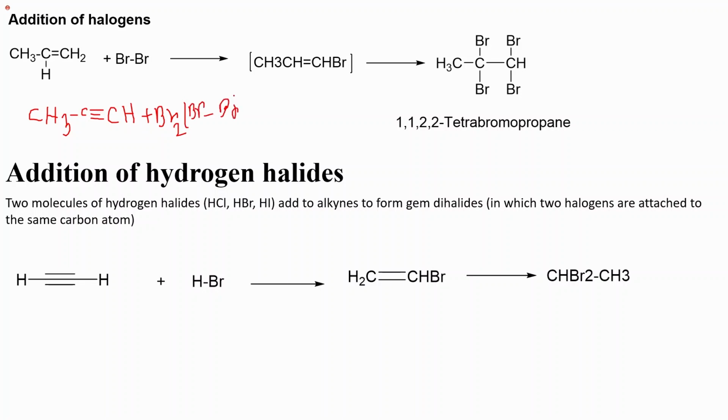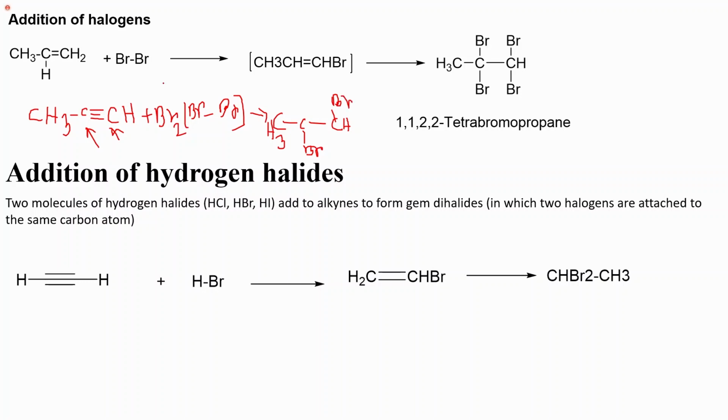These two Br will go to two different carbons. One bromine will add to this carbon, another bromine will add to the other carbon. So now what are we getting? We'll get CH3, CBr, then CH, Br.